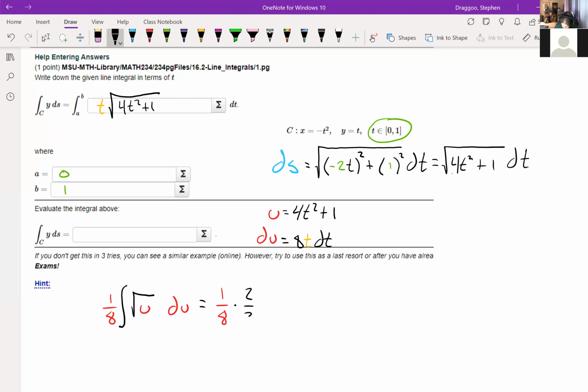So times 2/3 u to the 3/2, which we start simplifying some of this stuff. 1/8 times 2/3 is 1/4 times 1/3, 1/4 times 3, that's 1/12, times 4t squared plus 1, evaluating this thing from 0 to 1.